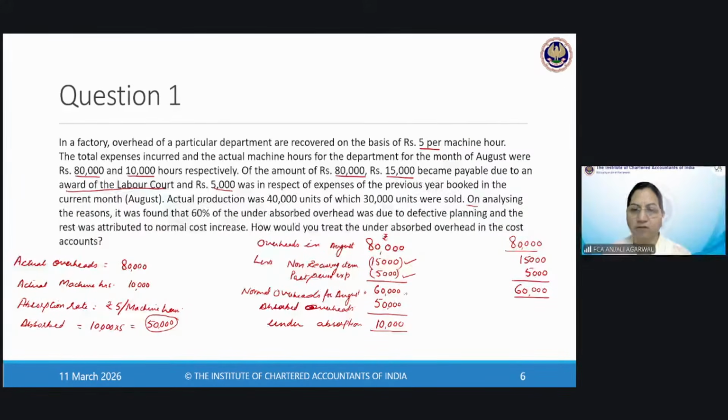That means in the month of August, the overheads were 60,000. That means there is an under absorption by 10,000. Two more pieces of information are given. One is production is 40,000, out of which 30,000 sold. So we will bifurcate 40,000 into goods sold 30,000 and closing stock 10,000.